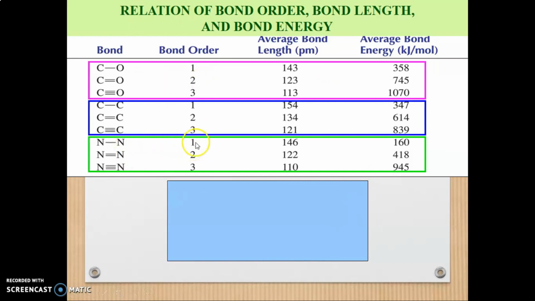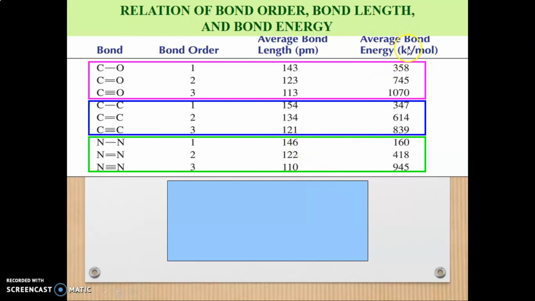The bond order we have here is single, double, triple. The bond length for the single bond is 146, for the double bond is 122, and for the triple bond is 110. So the triple bond is shortest compared to double and single bond.